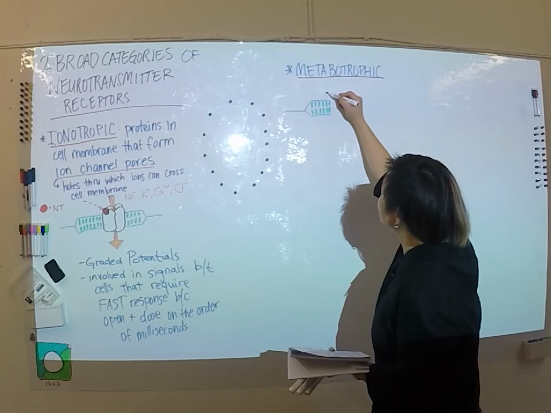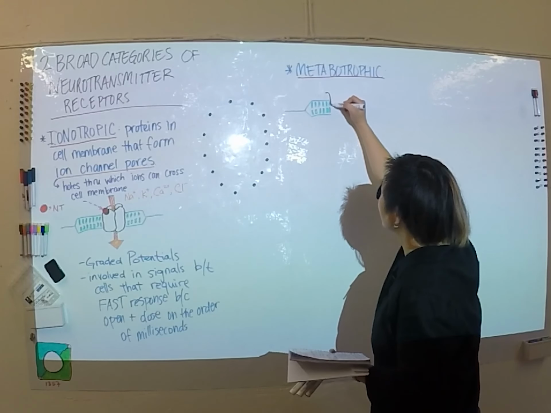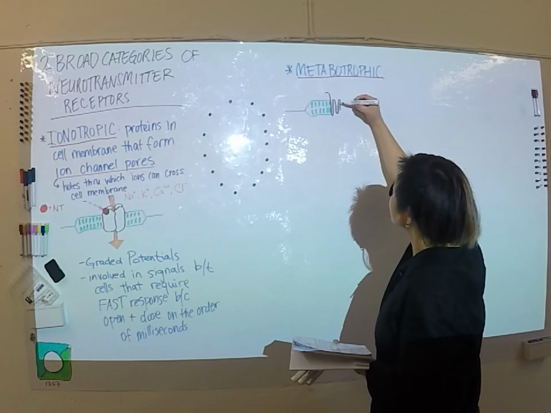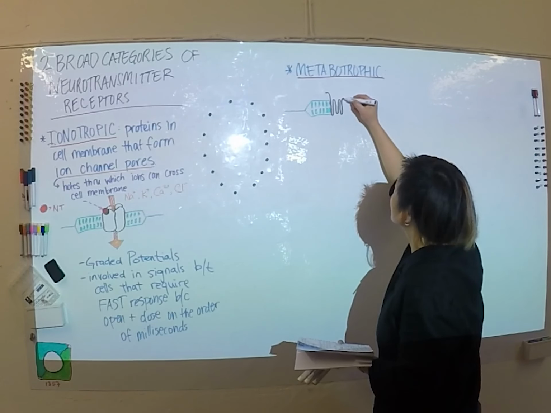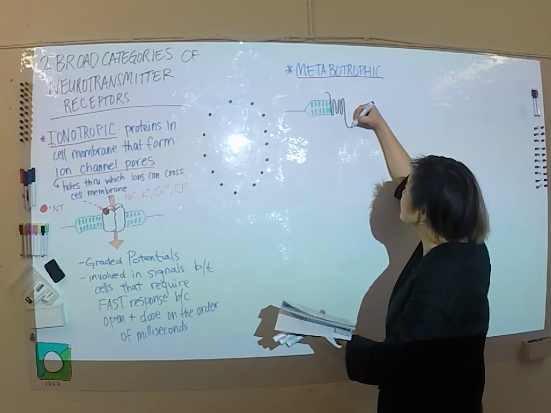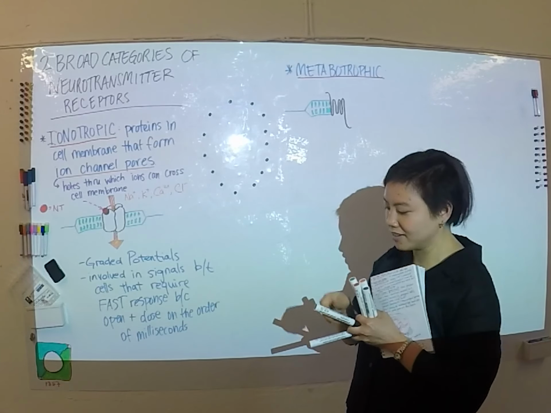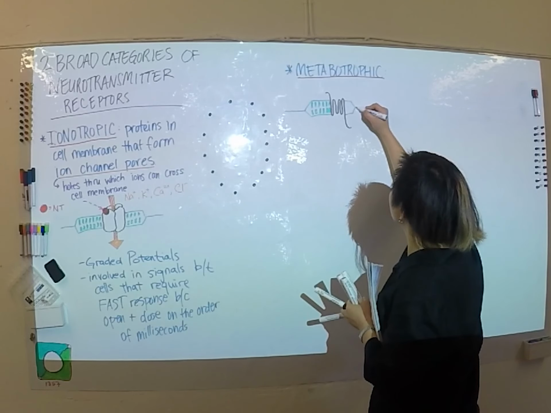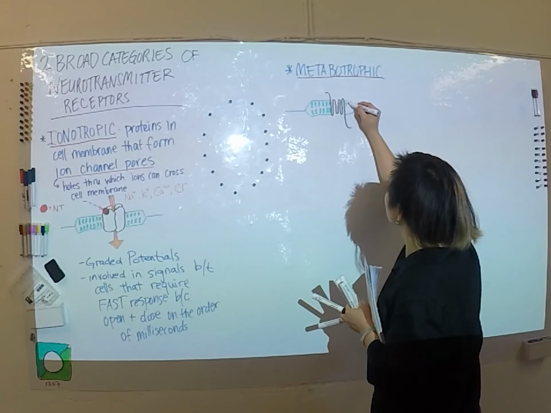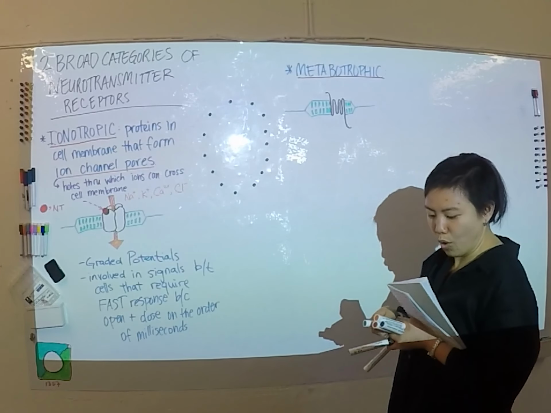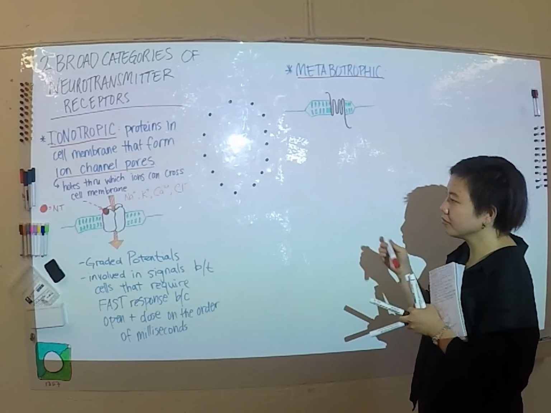There's a part of it that sticks out, and then it wiggles a bunch of times across the membrane, and then it sticks into the membrane, or into the cell. All right, so what happens here?